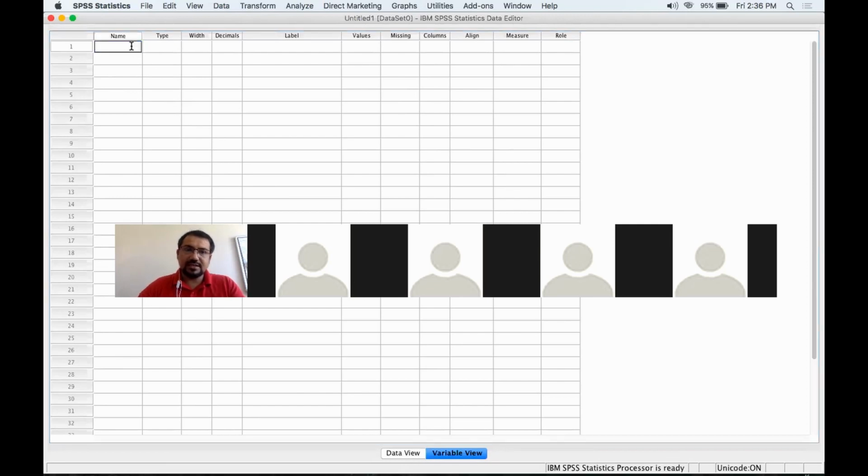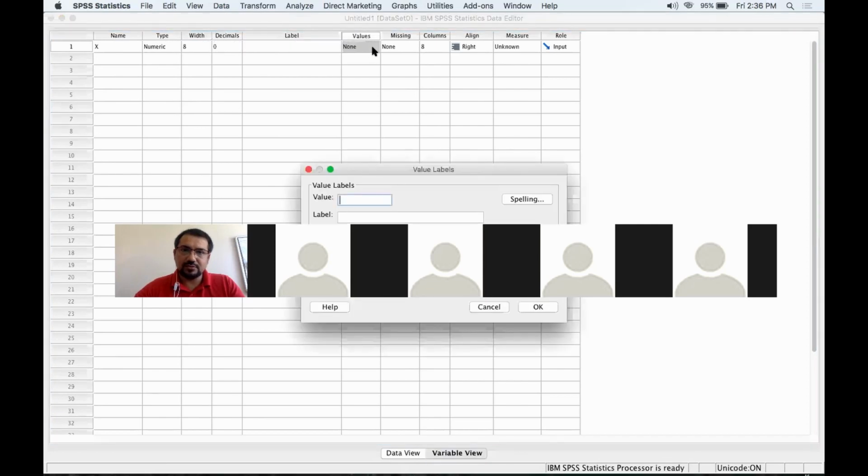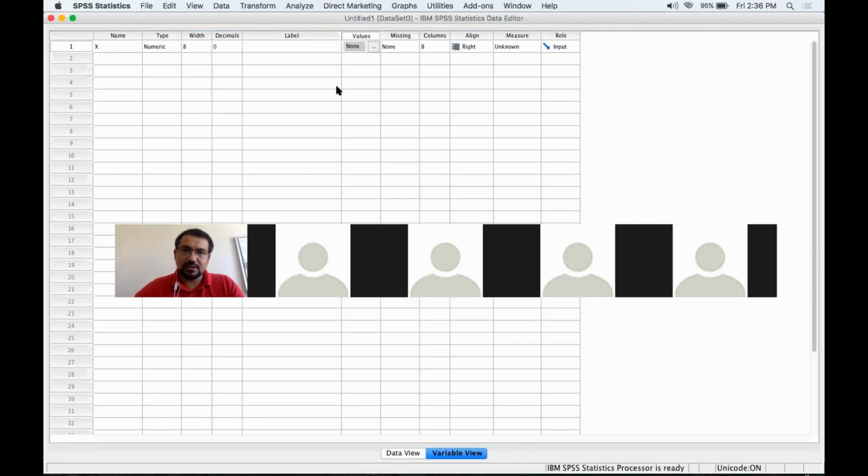Now let's say I have X, and X could be anything, age or number, and decimal should be 0. Label I don't need, because X is my number.